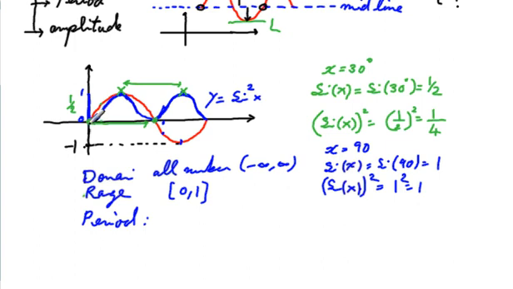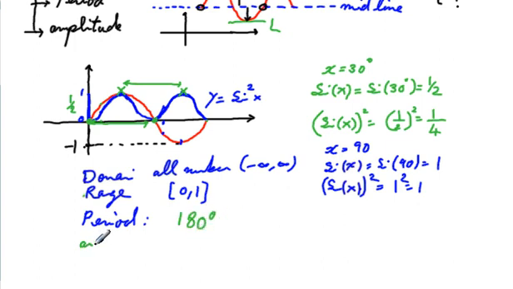For the red one, from here to here was how many degrees? Yes. When you squared it, the period became half. So here's the period: 180 degrees.